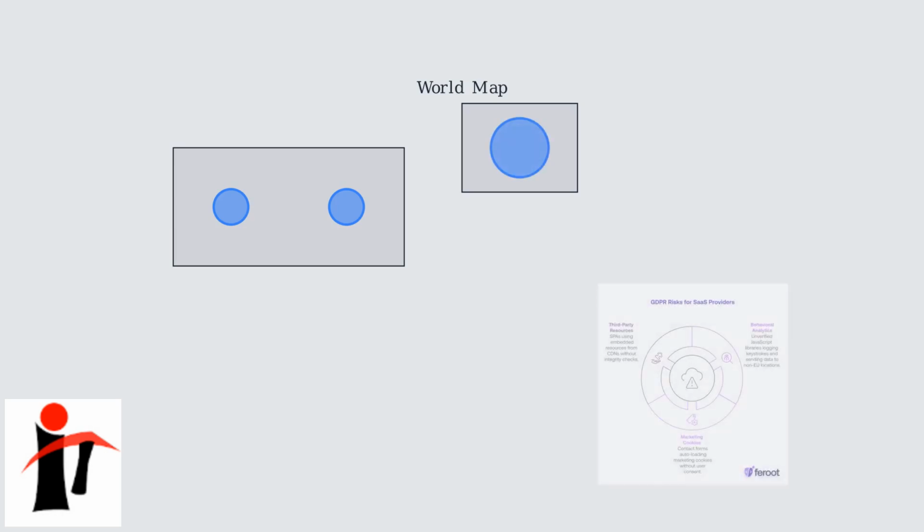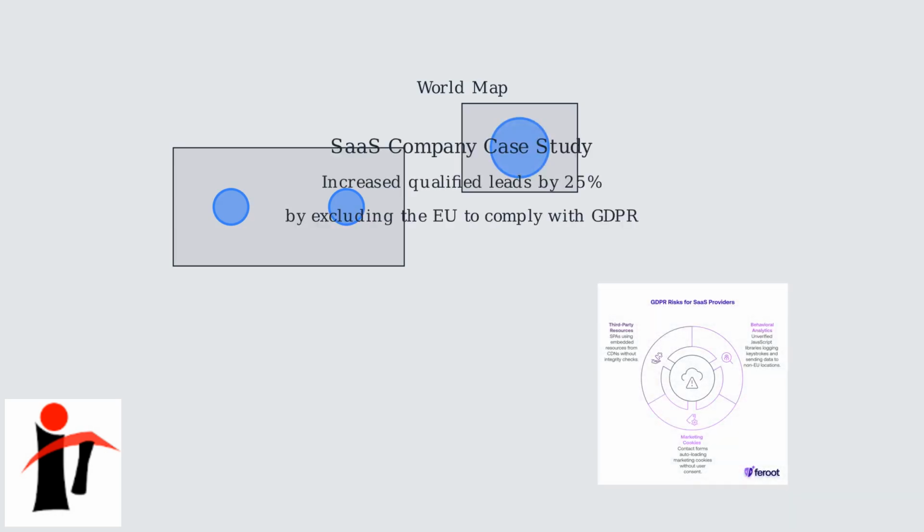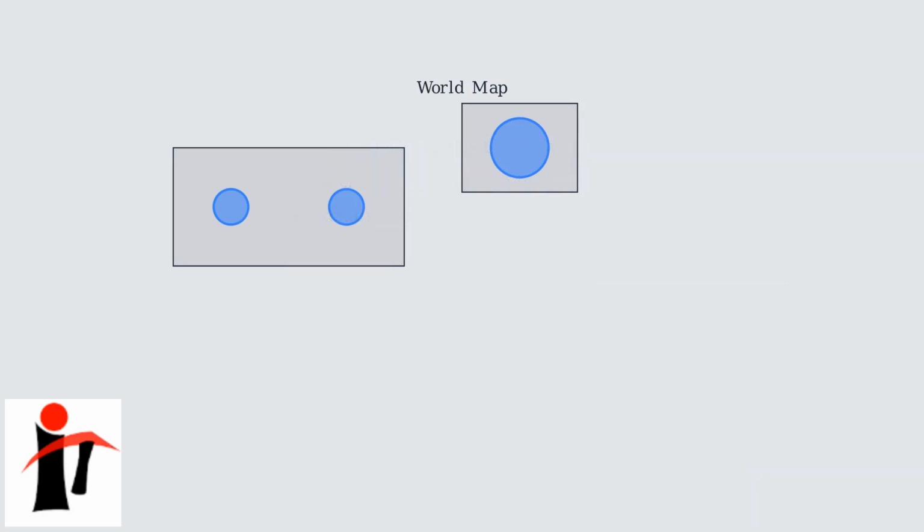Another powerful example comes from a SaaS company providing software solutions. They needed to comply with strict GDPR regulations in the European Union, which would have increased their operational complexity and costs. By excluding the EU from their ad targeting and focusing on North America and other compliant regions, this company saw a 25% increase in qualified leads.